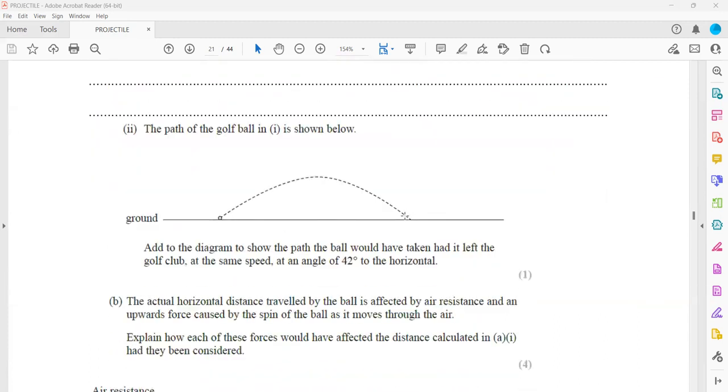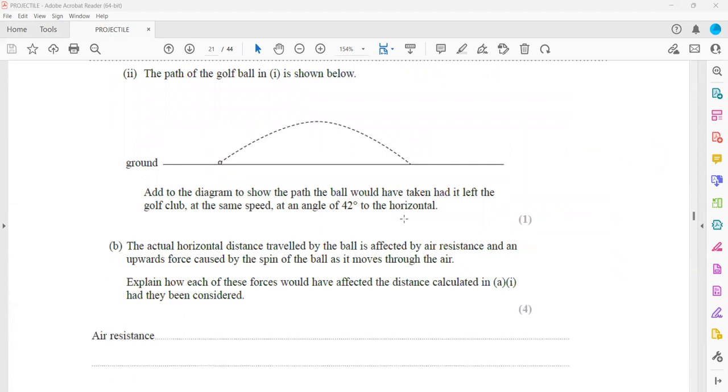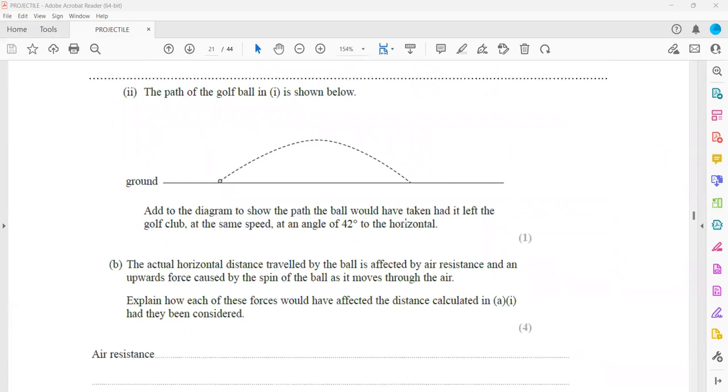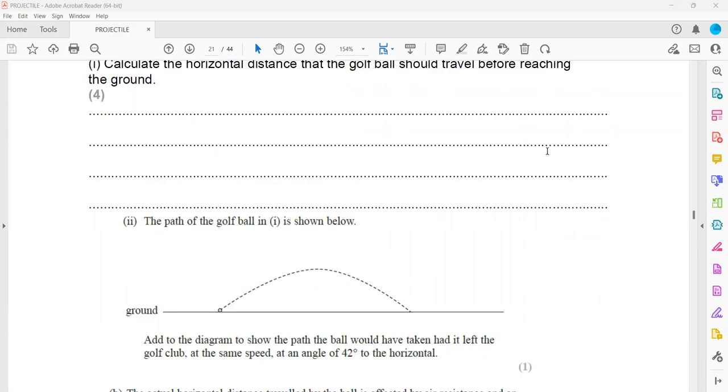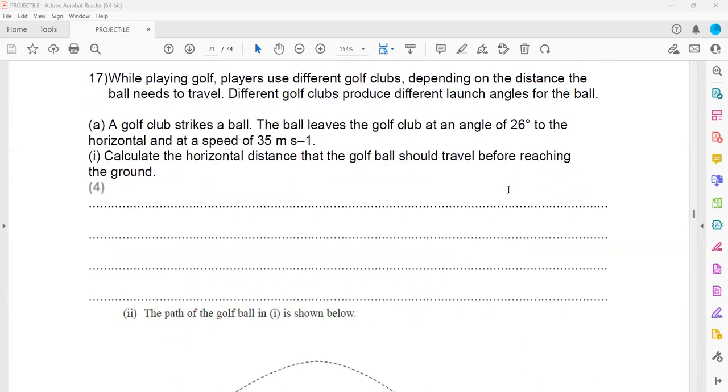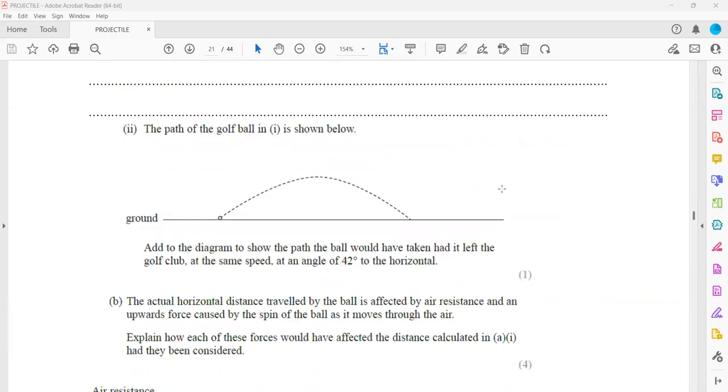The path of a golf ball is shown below. Add a diagram to show the path the ball would have taken if it left the golf club at the same speed but an angle of 42. Here the angle 26 is there, but now when we increase the angle till it reaches 45, it will be the maximum range.